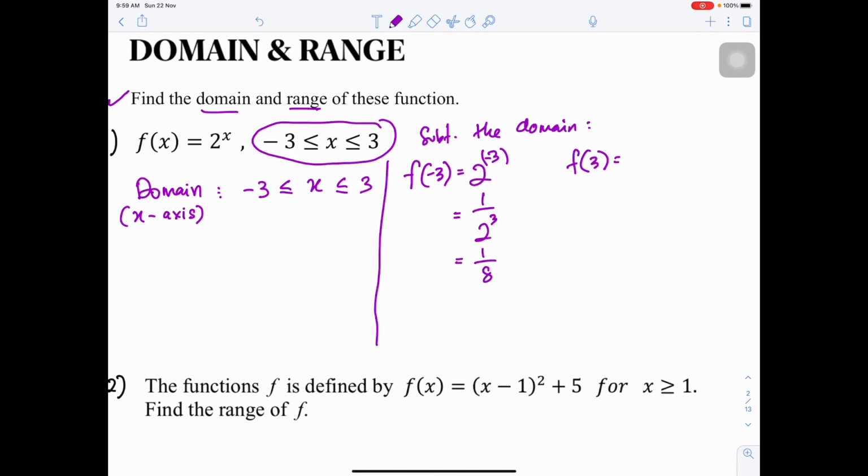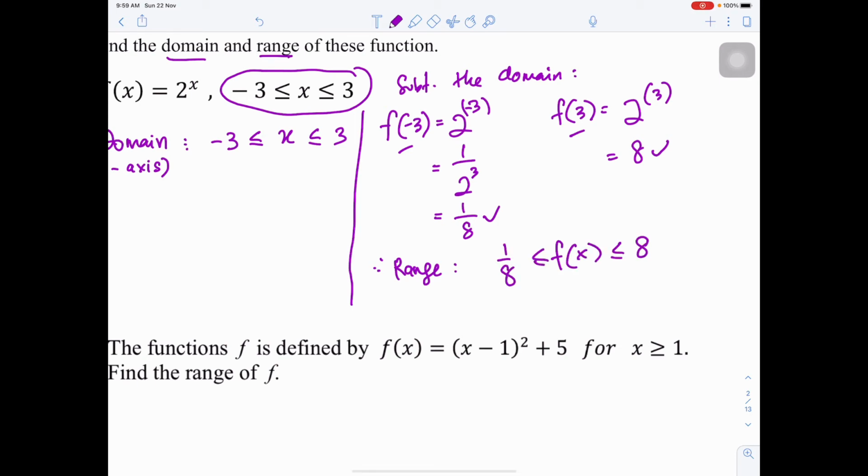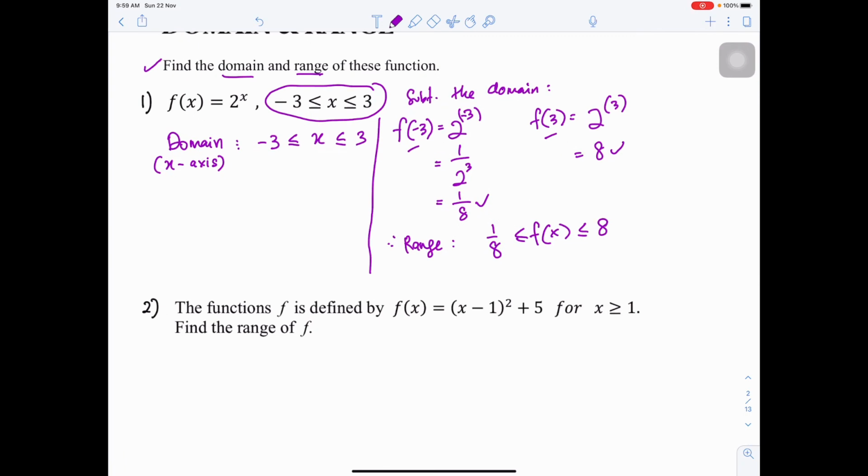And for f(3), 2 to the power of 3 equals 8. By using the values of f(-3) and f(3), the range of f(x) is between 1 over 8 and 8. So this is how we determine the domain and range for this type of function.